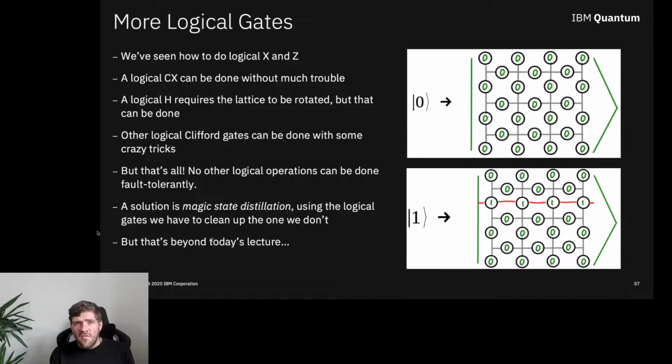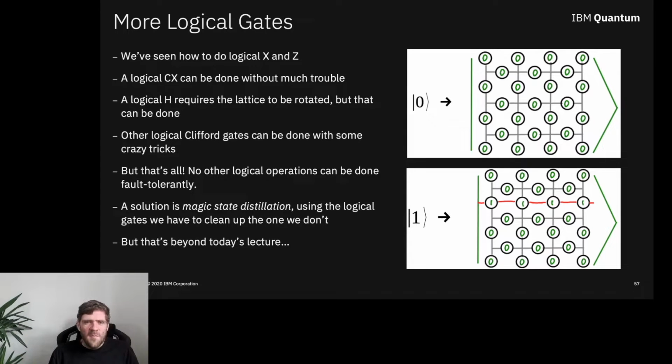So, we've seen how to do logical X, logical Z. You can do a logical Y by doing both of them. I've talked briefly about how to do a logical Hadamard. For a logical controlled NOT, that can be done without too much trouble, because what is a controlled NOT? It does an X to 1 qubit depending on whether another qubit is 0 or 1, and whether or not a qubit is 0 or 1 in this case depends on parities.